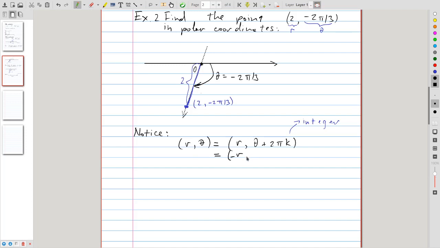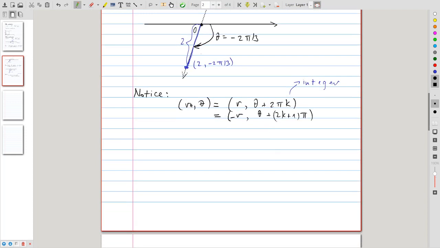But that is the same as to say, let's keep r positive, but change theta by pi. So here I will be adding 2k plus 1 times pi to theta. So that's an odd integer. Here we had an even multiple of pi, and here I'm adding an odd multiple of pi to theta.